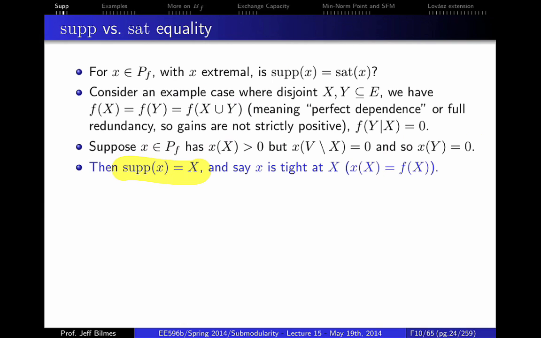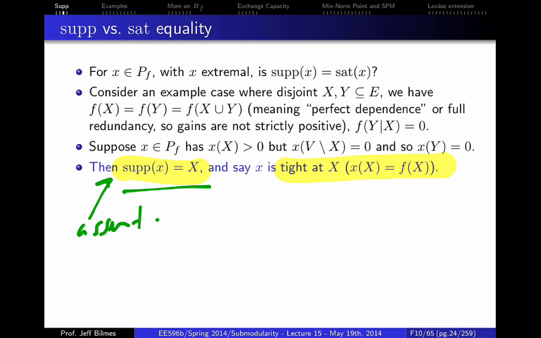You can't really deduce that, but let's just assert that the support of x is equal to x. In other words, every element of vector x at set x is strictly positive. And let's also assert that x is tight.